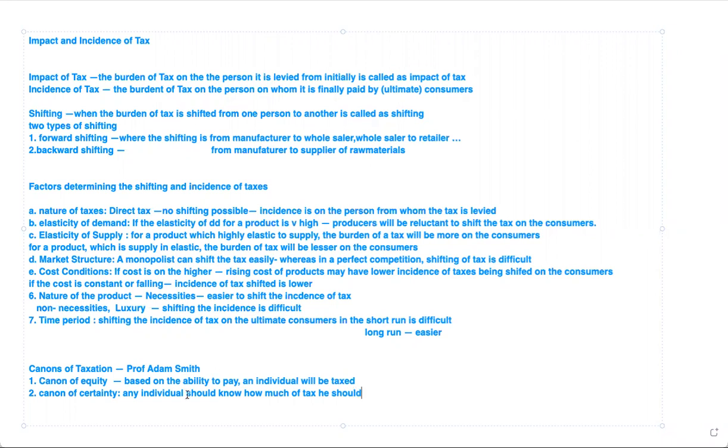He should know and be certain about it. Okay? Are you following? Any doubt? You should know how much you are going to pay and how much you should be paying, right? It cannot be arbitrary. कुछ भी अमाउंट आपके ऊपर ये टैक्स है करके डाला तो आप पे नहीं कर सकते हो, बराबर? क्लास?